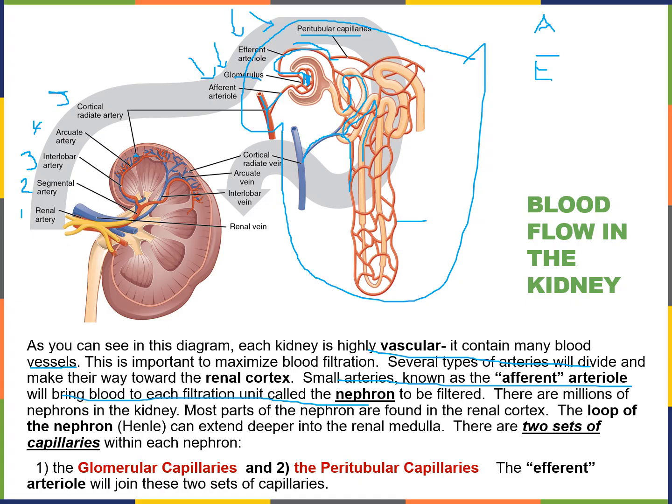So just as how we had a series of arteries, segmental, interlobar, arcuate, cortical radiate, that were all branches from the renal artery, similarly, there's a series of veins, cortical radiate vein, arcuate vein, interlobar vein, all of which send their blood to the renal vein. There's no segmental vein.